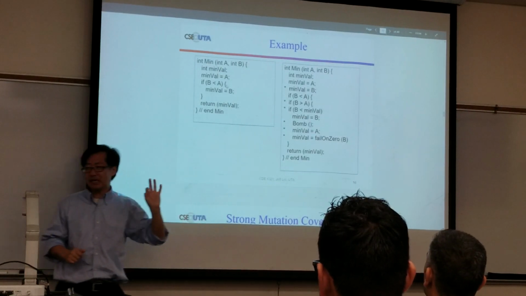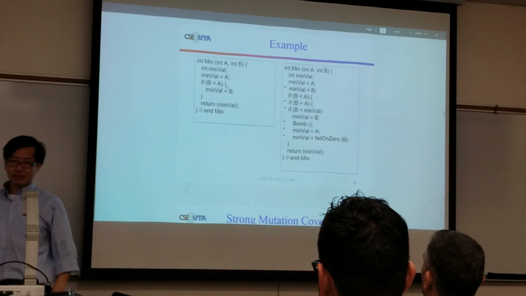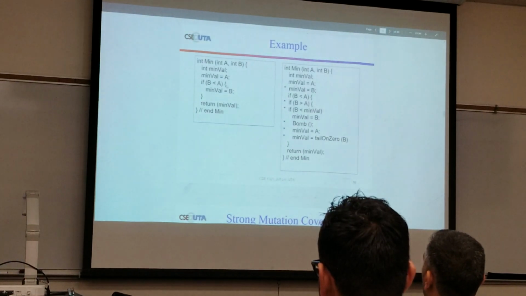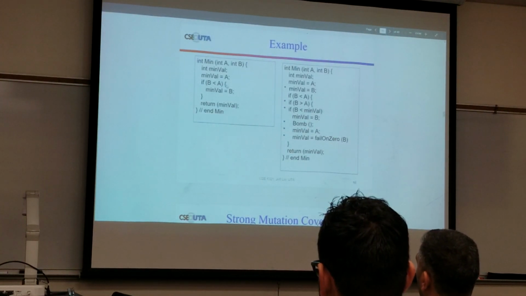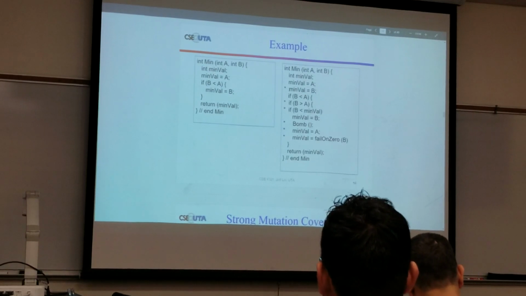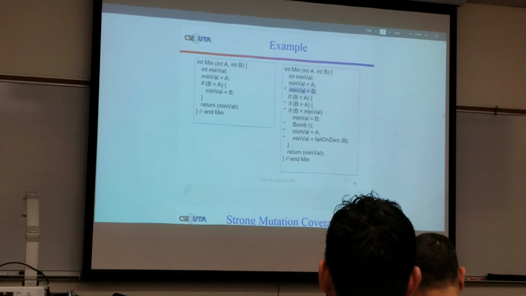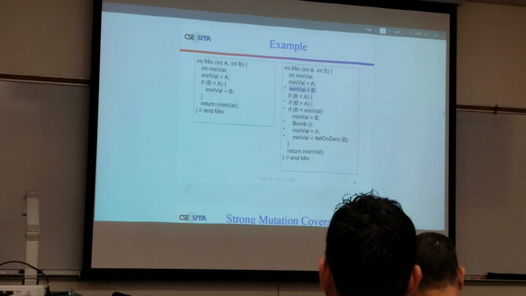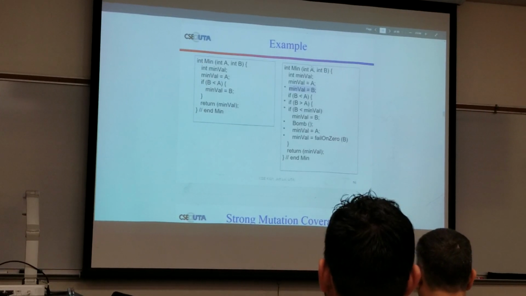So the way for us to seed bugs in the program is to make a minor change. Each time, make a minor change to the program. Okay? So on the right-hand side, each line with a star represents one minor change we make to the program.